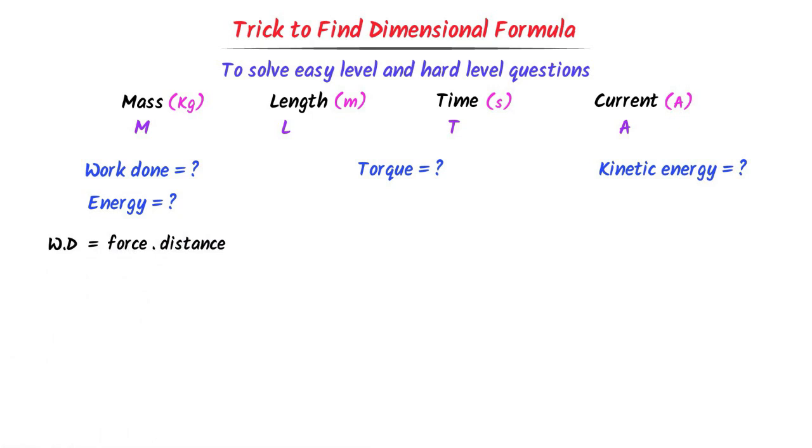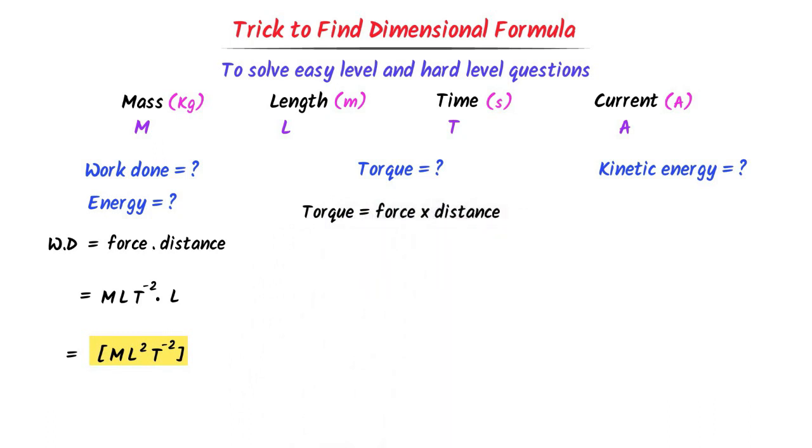We have already calculated the dimensional formula of force, which is M L T^-2, and the dimensional symbol of distance is L. I get M L^2 T^-2. Hence the dimensional formula of work done and energy is [M L^2 T^-2]. In case of torque, it is the cross product of force and distance.